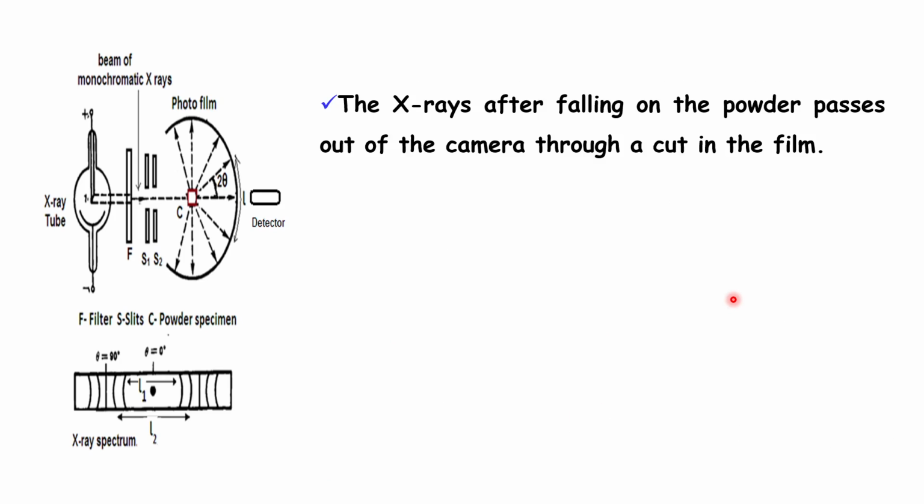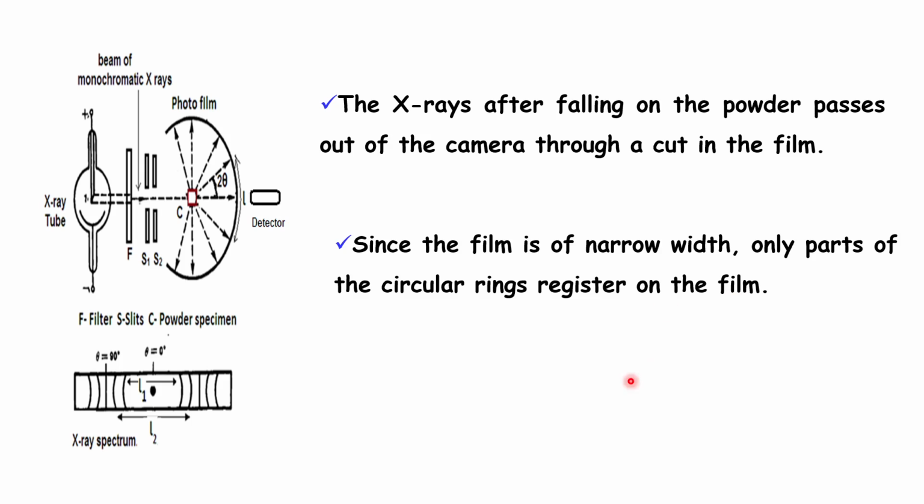When the diffracted and the reflected beams fall on the photographic film, they cut the film.